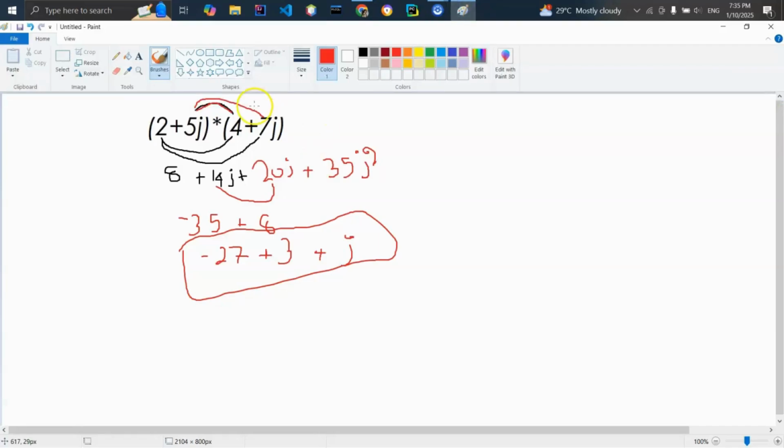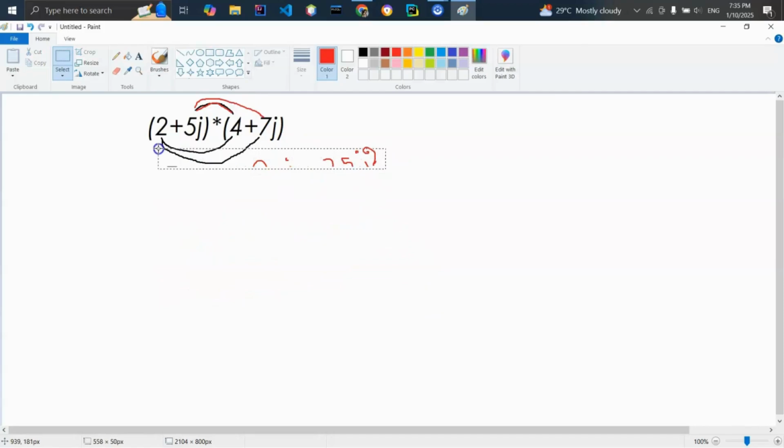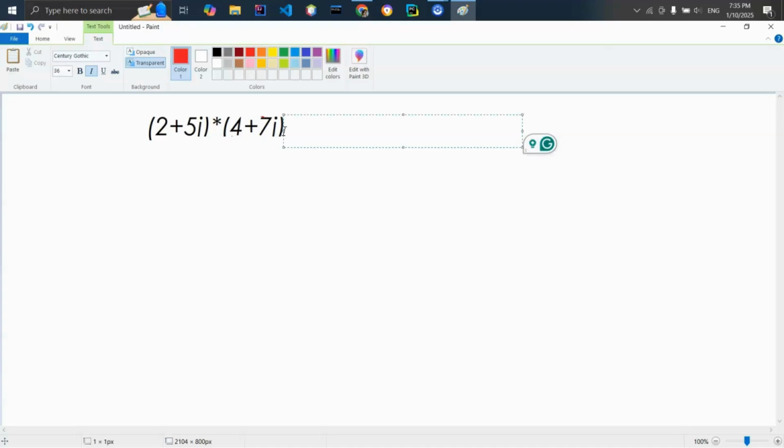How can we do this? I just remove this. Plus 4 plus 7j.